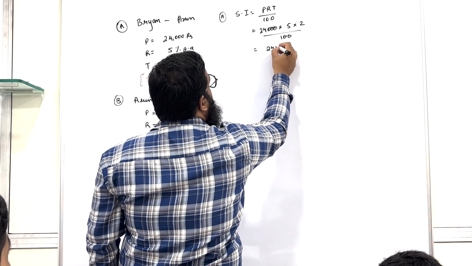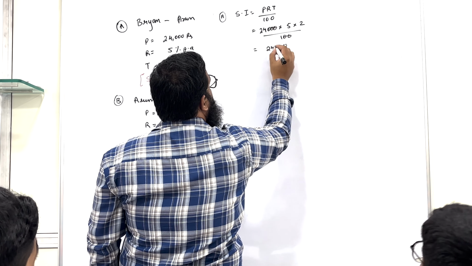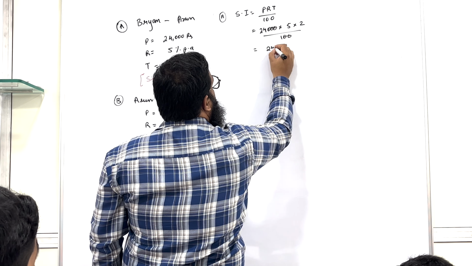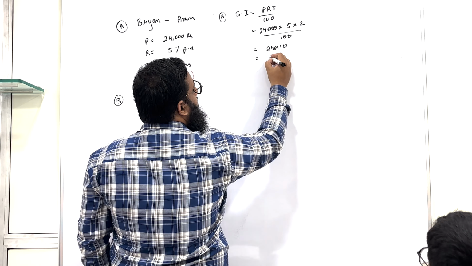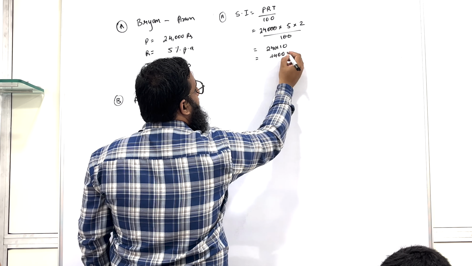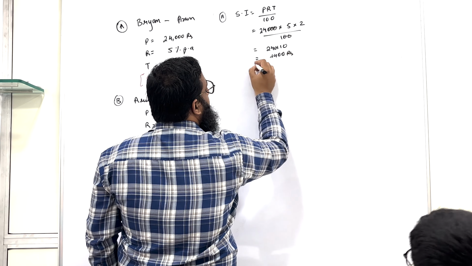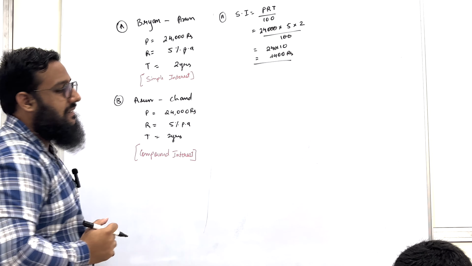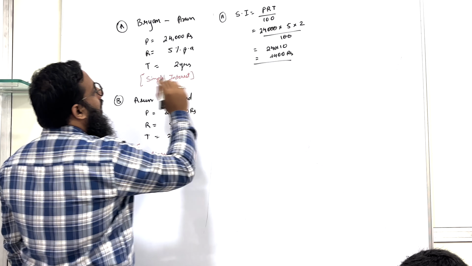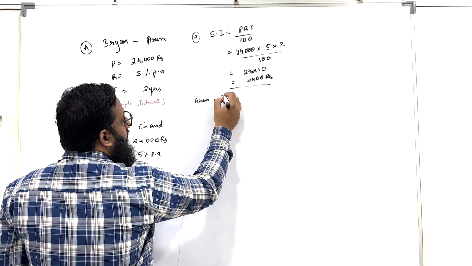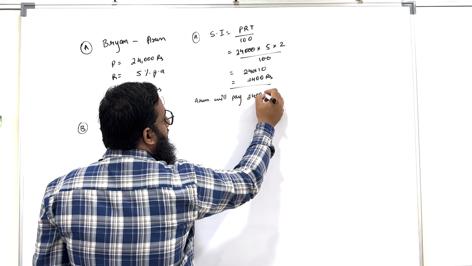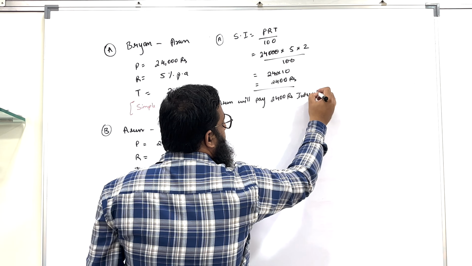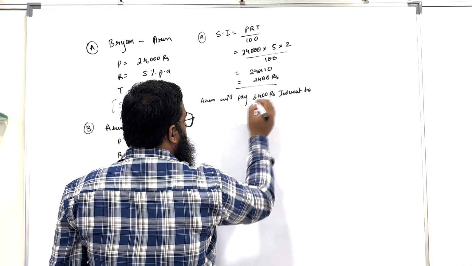So 24 into 2 fives are 10, 240, which is 2,400 rupees, your simple interest. So Arun will pay 2,400 rupees interest to Brian.